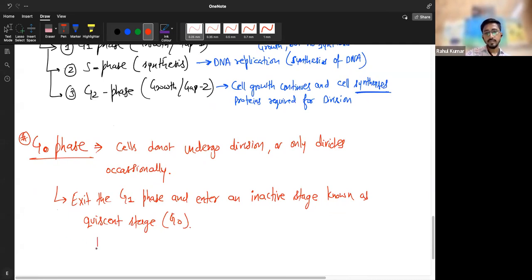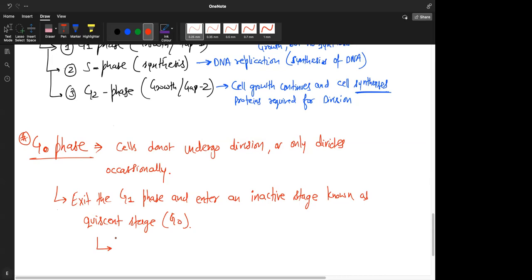Now the condition here is that G0 sounds like the cell is not doing anything. It is out, it has opted out. But the cell is living, right? Just to be living, you have to do a lot of activities. Remember class 10th, you studied a chapter called life processes. Was it in 10th or 11th? I don't know. 10th, life processes, right?